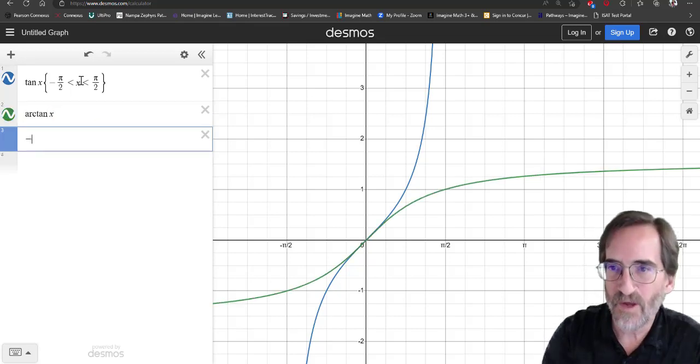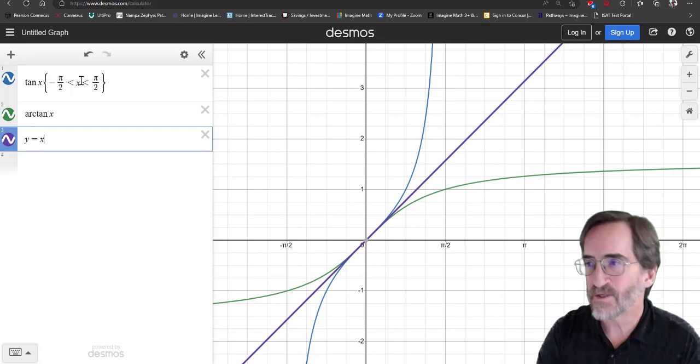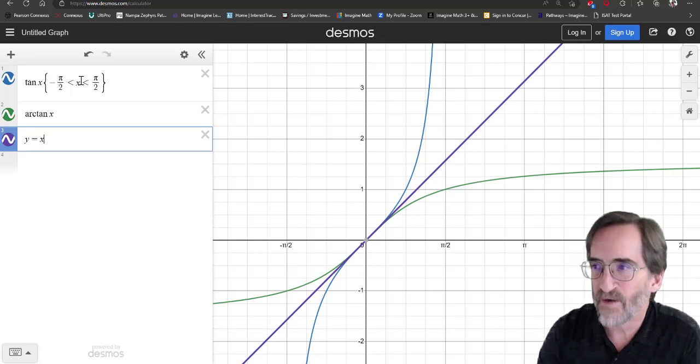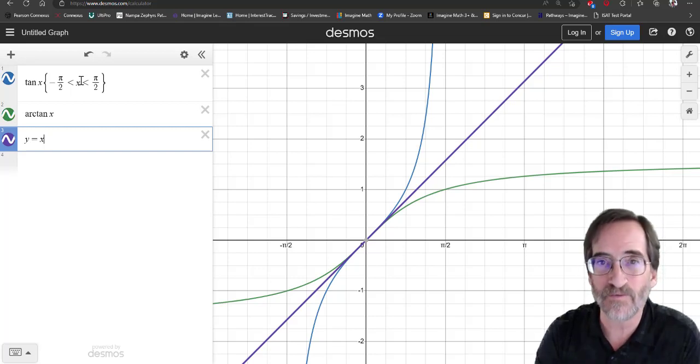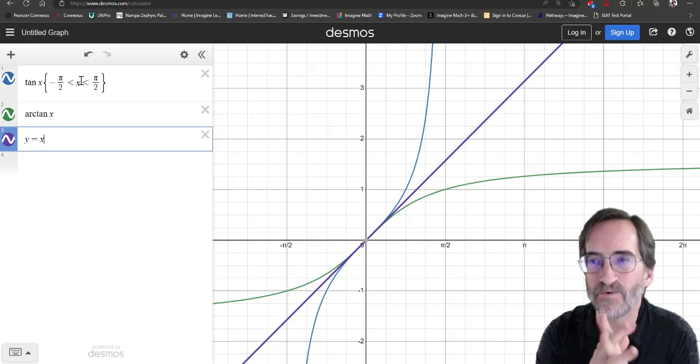Notice the domain and range are switched. The domain of tangent is everything but pi over 2 plus multiples of pi. And here the domain has to be artificially restricted to be between negative pi over 2 and pi over 2.